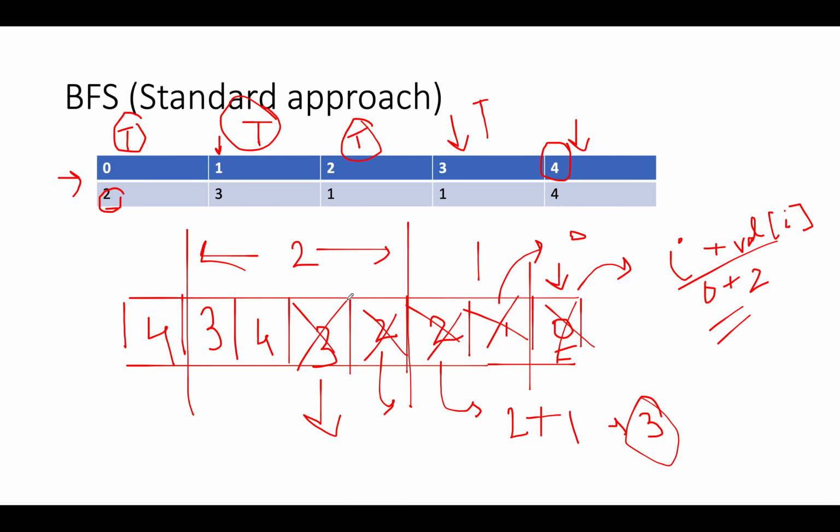Next we'll pull out 4, and at 4 we see that we have reached the termination of the input array, and since it's a termination condition, we'll abort the process and return whatever the value of level is at this particular point. So whenever you see that you have reached the termination index, you simply return the level value at that instance. Level is 2 and that is the answer, and you abort the process.